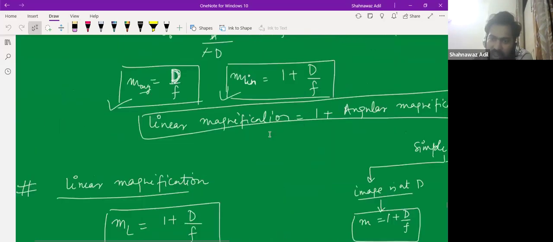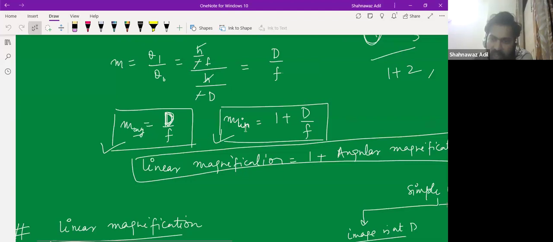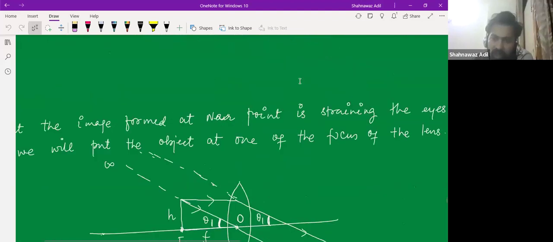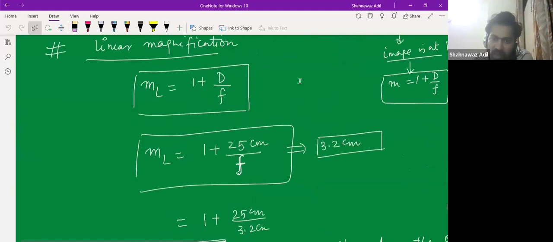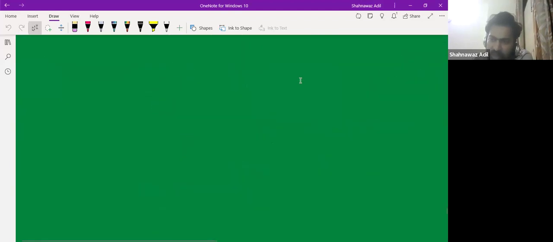So angular was D by F and linear was 1 plus D by F. And then we had the compound microscope.